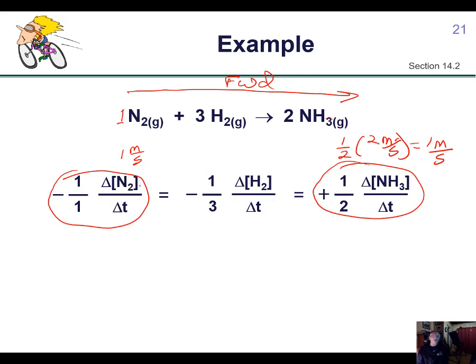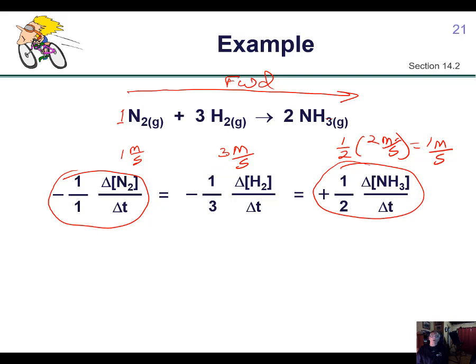We can do the same thing with hydrogen here. So we're going to stick with this. Since the rate of disappearance of nitrogen is 1 molar per second, we would say that the rate of disappearance of hydrogen is 3 molar per second.